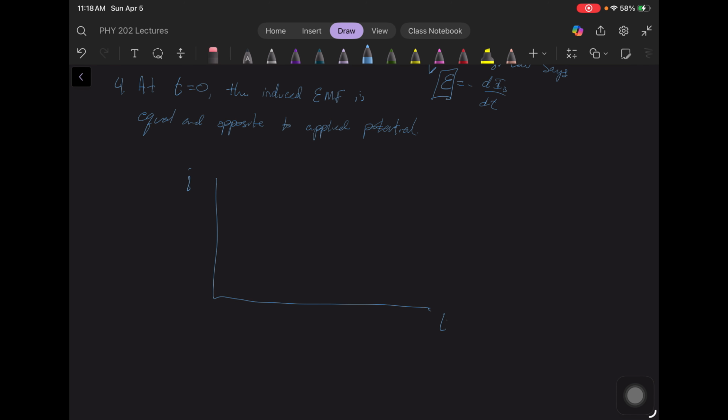So if we were to plot current as a function of time, crazy the book doesn't do this. This seems like it would be a really good plot to have. It might be in the next section. I might be jumping ahead a little bit, but it's okay.